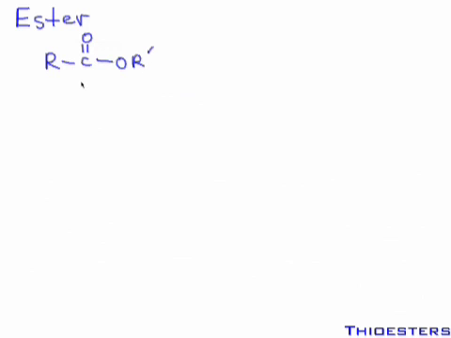It is possible to make analogs of esters by using carbonyls where in place of the OR prime we have an SR prime. Such a molecule is referred to as a thioester.